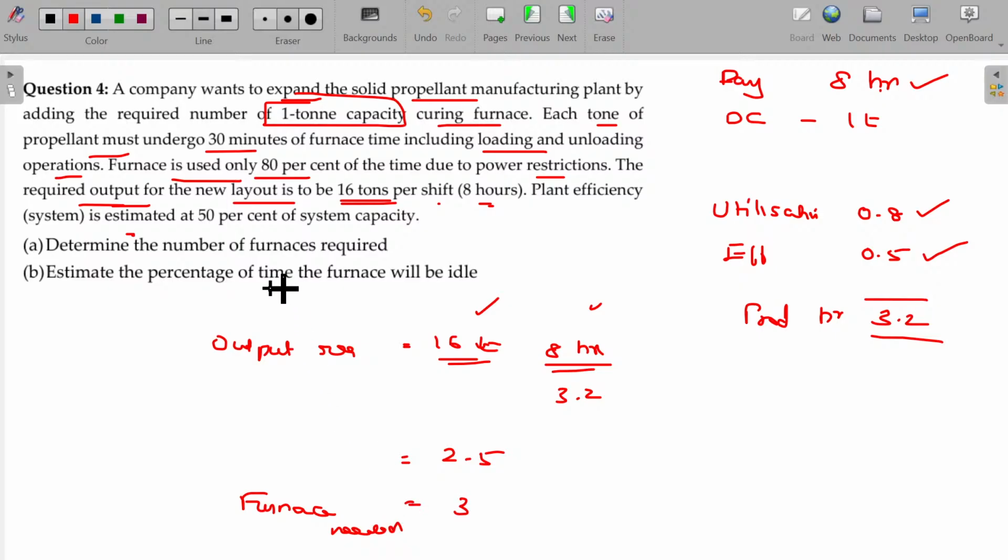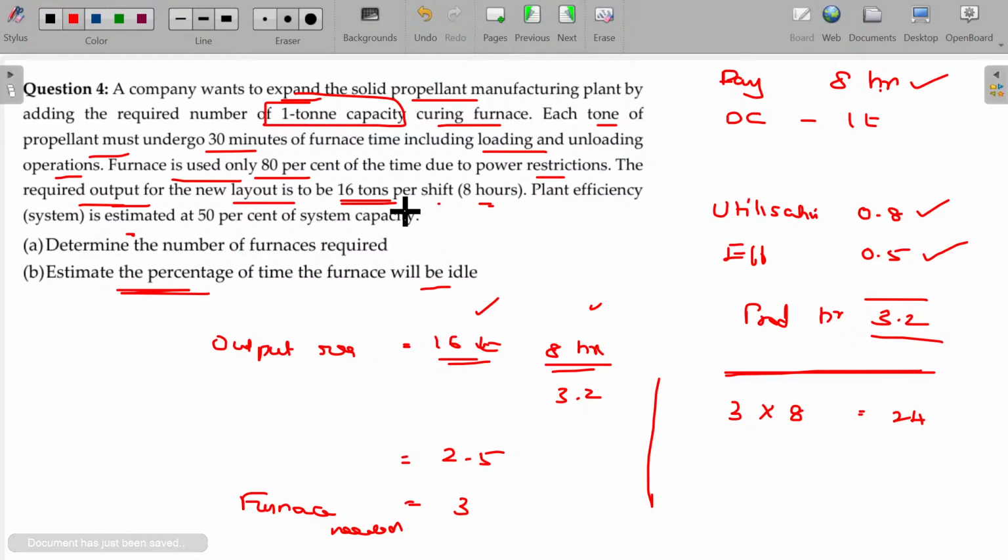3 furnaces. Estimate the percentage of time the furnace will be idle. 3 furnaces, 8 hours a day. So 24 is the design capacity. What is the time required? 8 hours only.